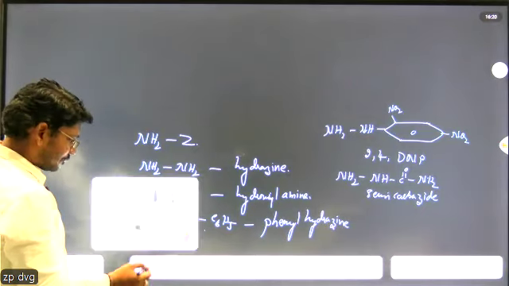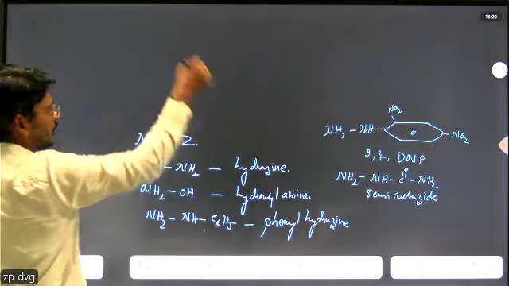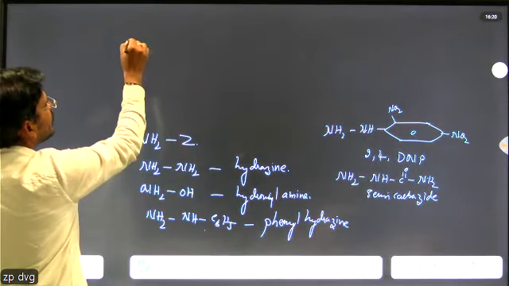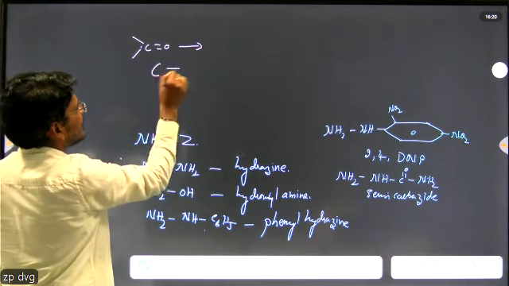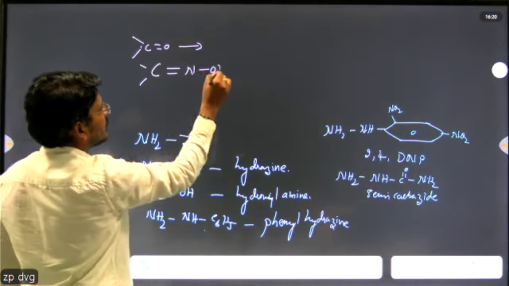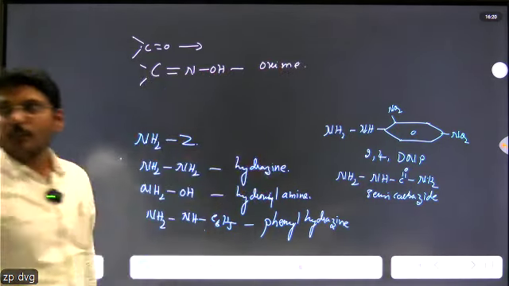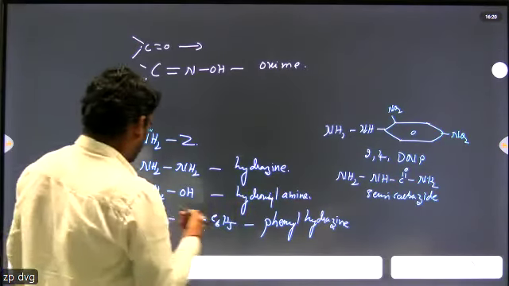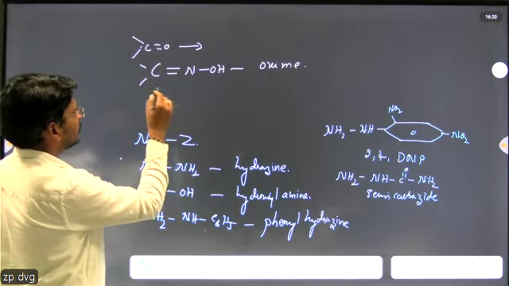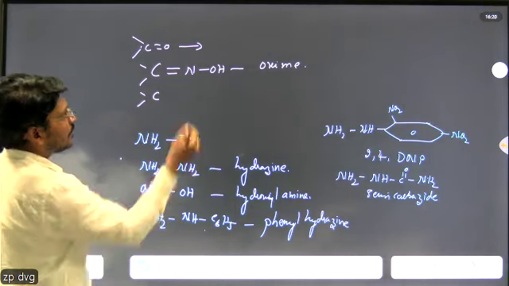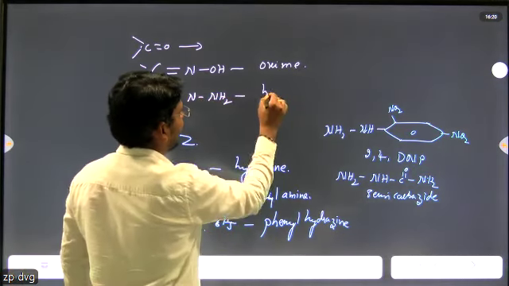If we consider hydroxylamine reacting with the carbonyl compound C double bond O, automatically removal of a water molecule takes place, and finally we get the compound called an oxime. In the same way, when hydrazine reacts with the carbonyl compound, finally we get a compound called a hydrazone.